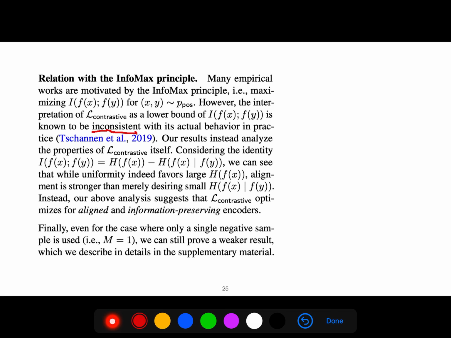So our results instead analyze the properties of contrastive loss itself. By considering this identity, we can see that while uniformity favors large entropy, alignment is stronger than merely desiring small entropy.